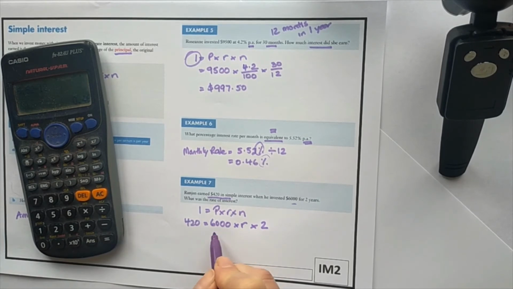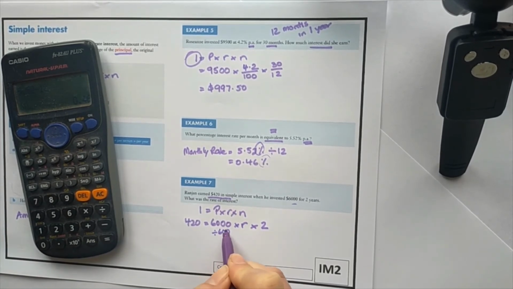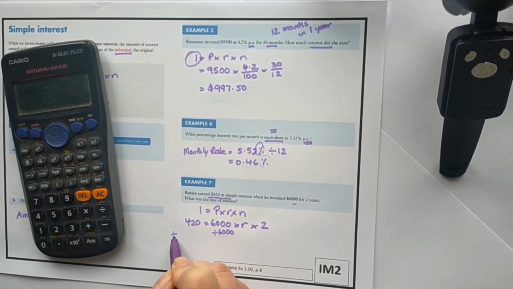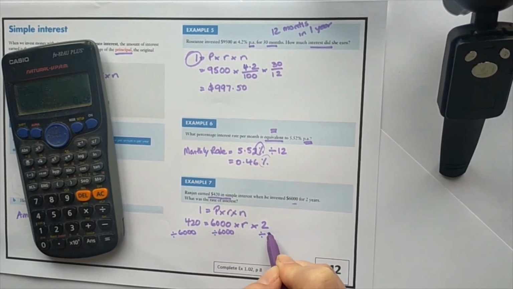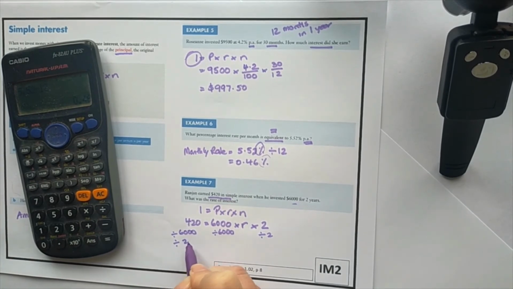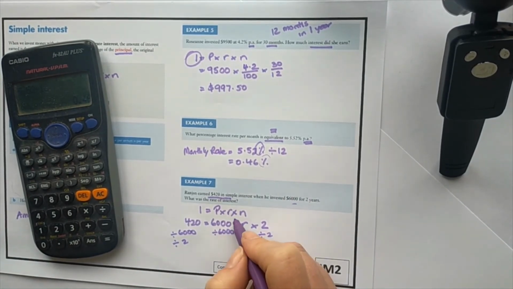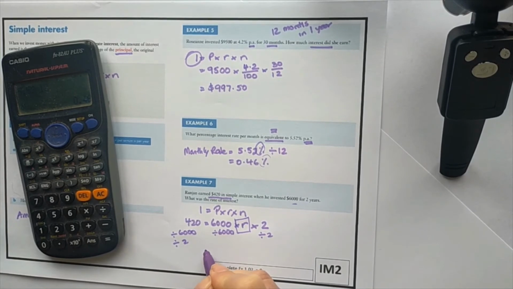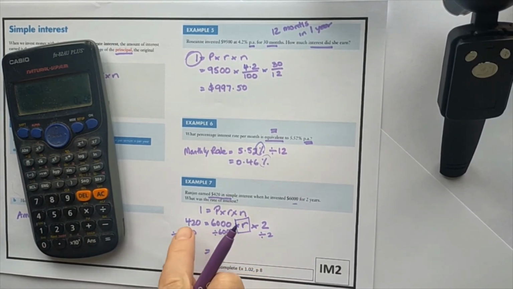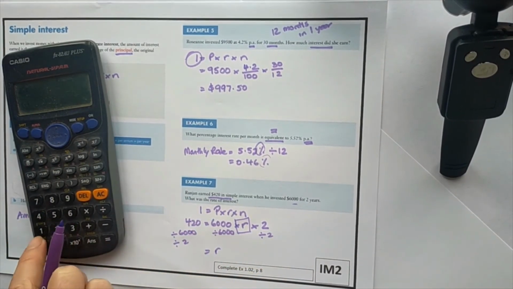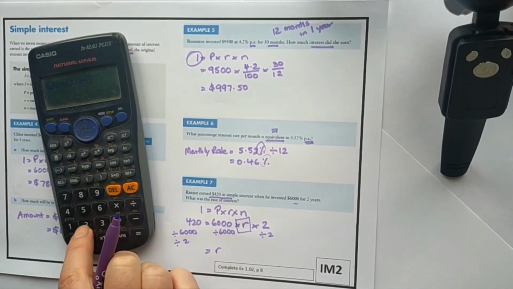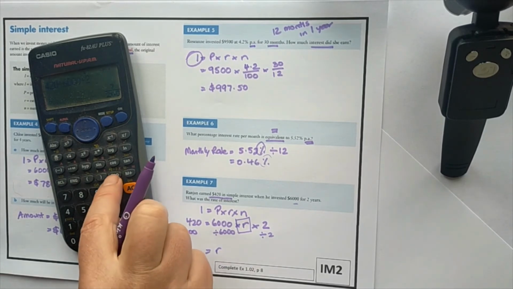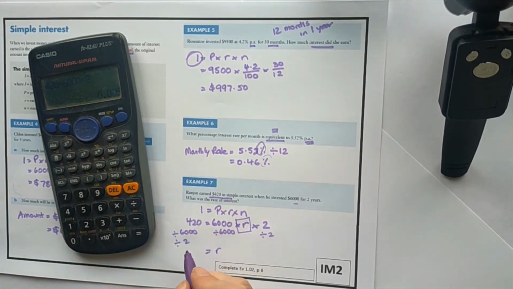We're going to get rid of this by dividing by 6,000, and we're going to do that on the other side as well. And we're going to get rid of this by dividing by 2, and do that on the other side. And when we do that, we will just have this R left. So in your calculator, you need to do 420 divided by 6,000 divided by 2. And we're going to hit our decimal button.